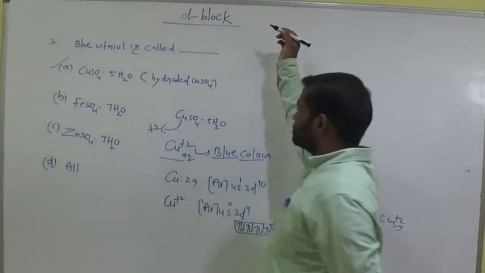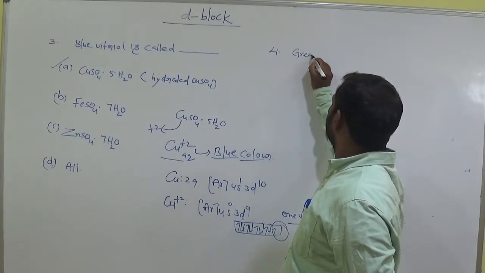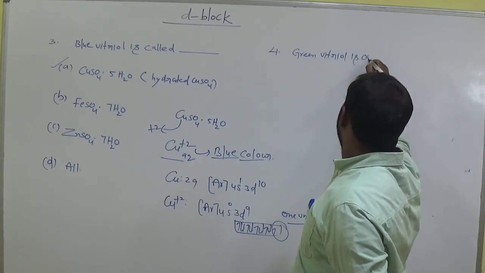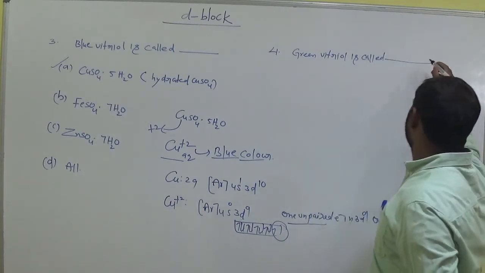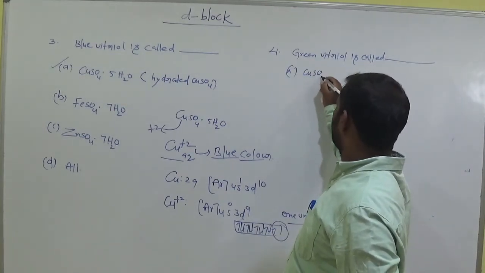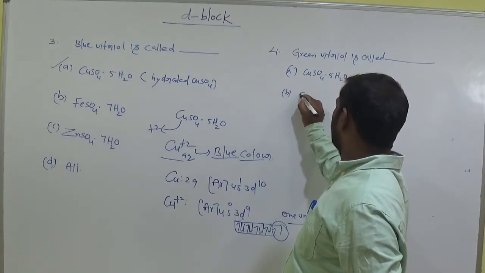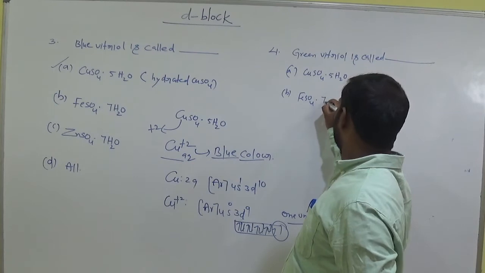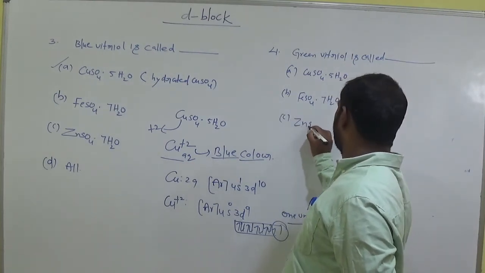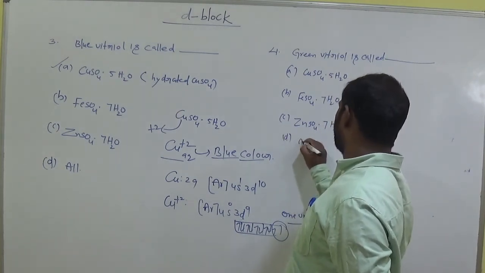So let's see. Green vitriol. Option A. Option B. Option C. Option D, all.